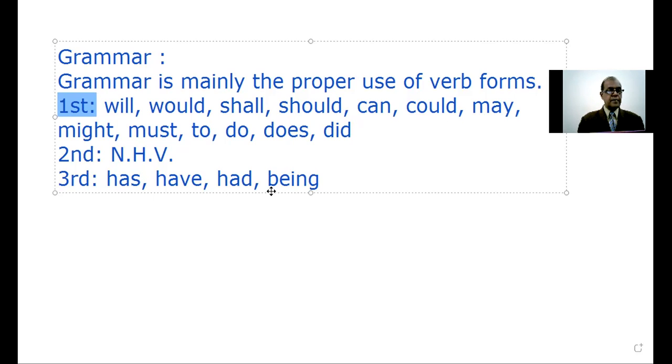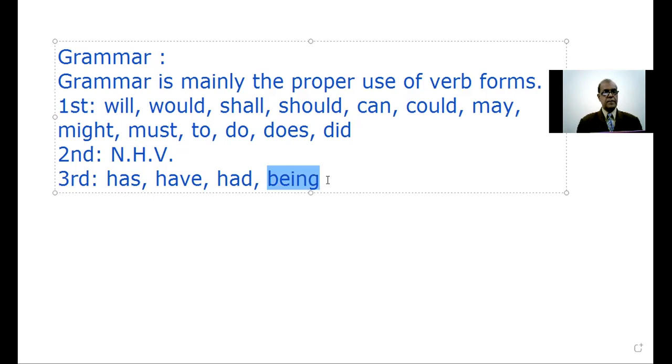So being is any form of being. They are never used as the first helping verb. They need at least one helping verb before them. I told you that these are the most problematic words. They make everything complicated.